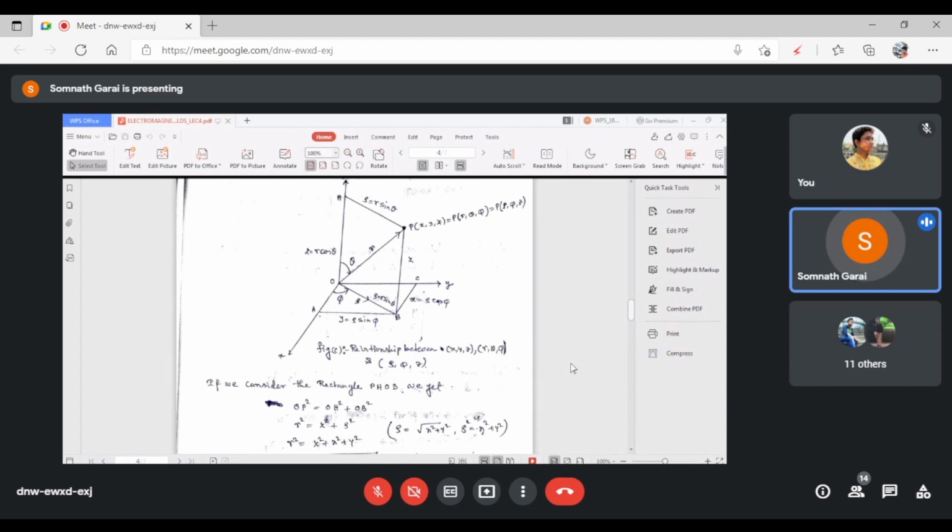Another important vector relationship you can establish from this figure.